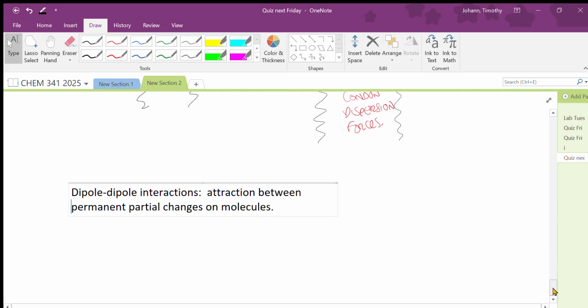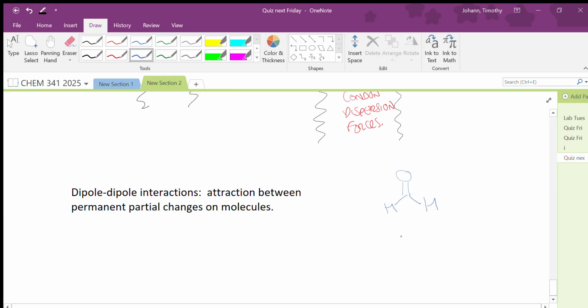Okay, and you guys had formaldehyde today, right? Was that on the quiz? Okay, so formaldehyde, that's a ketone. Well, let's draw the hydrogens, otherwise it's going to look weird.